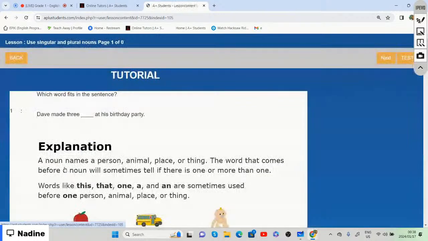All right. So now we're going to use singular as well as plural nouns. And we said singular nouns refer to either one person, place, animal, or thing. And here it says, which word fits in the sentence? Dave made three at his birthday party.